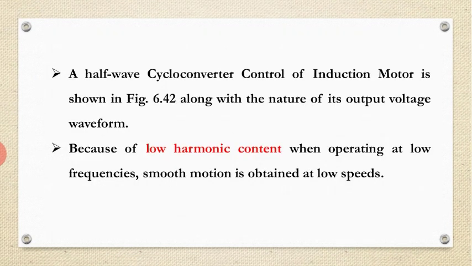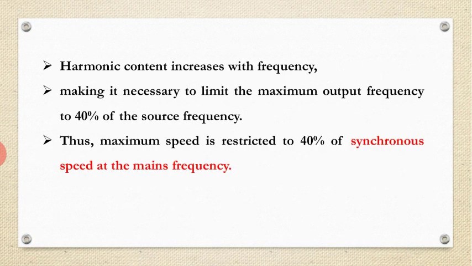Low harmonic content when operating at low frequencies. Smooth motion is obtained at low speeds. Here the harmonic content increases with frequency, so it limits the output to 40% of the source frequency.